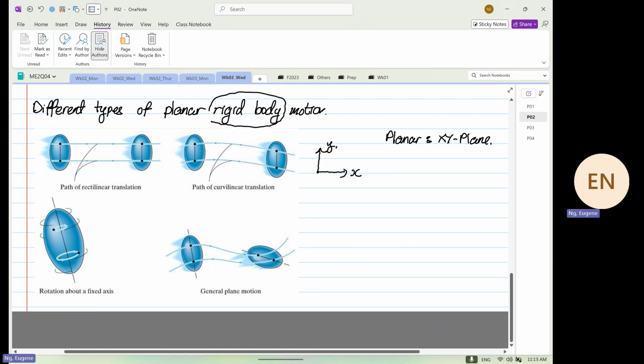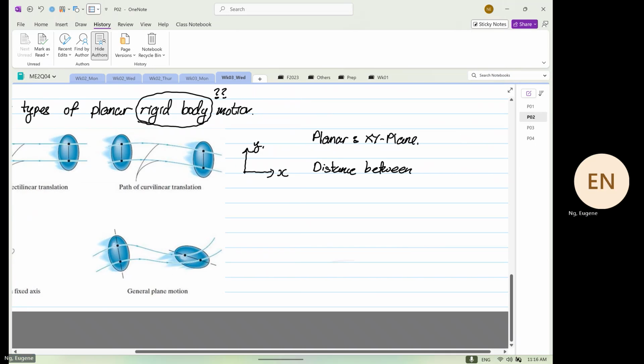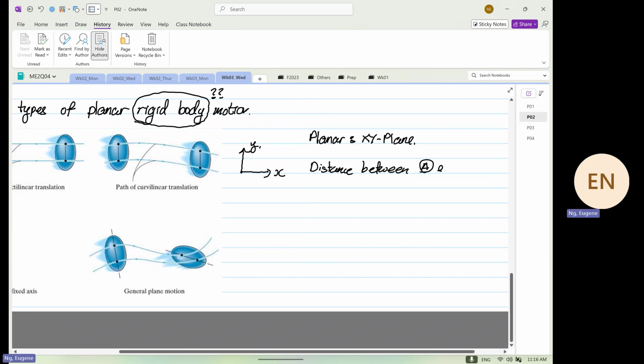How does the term rigid body come in? The distance between point A and point B will not change.